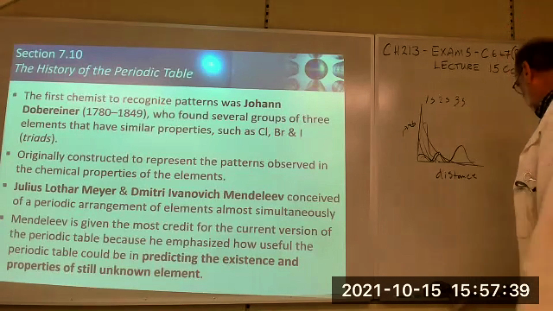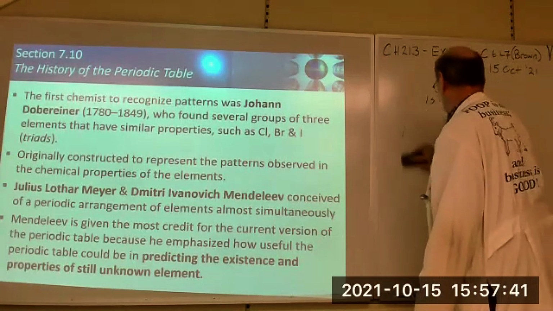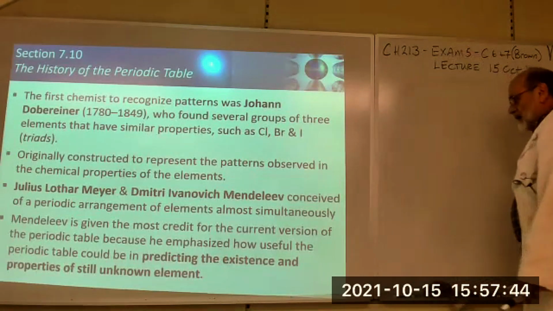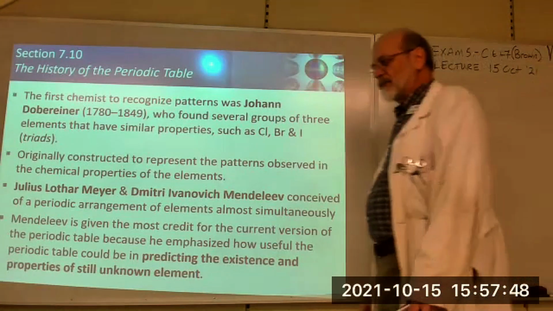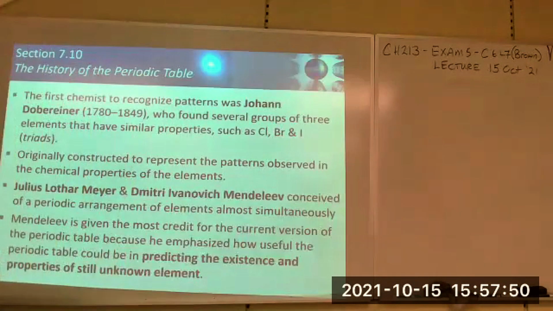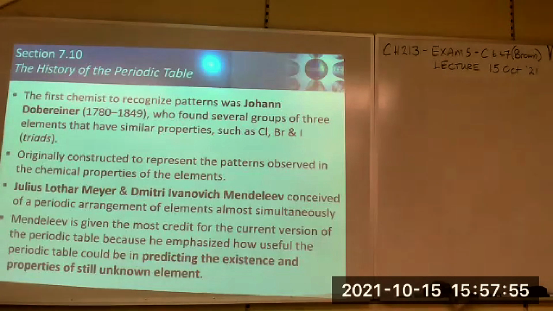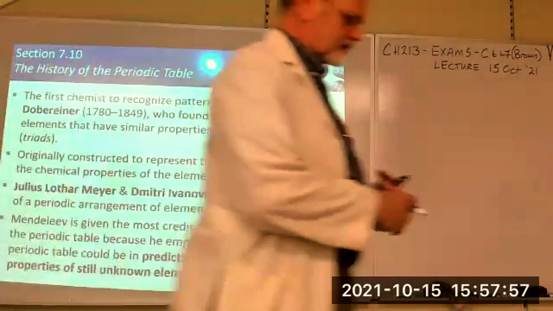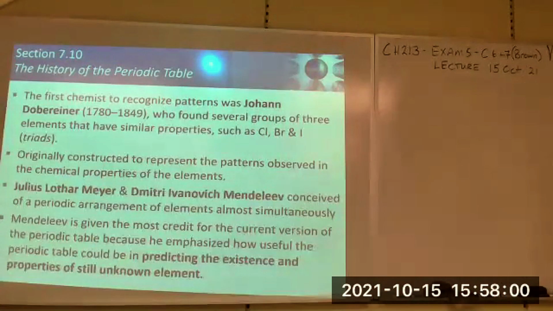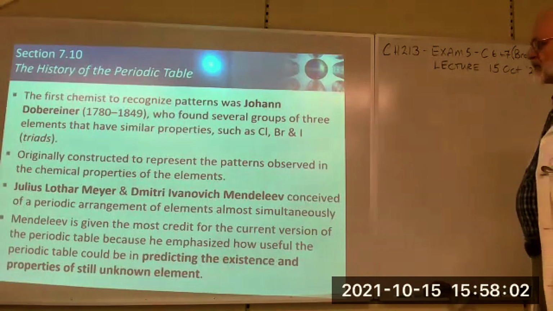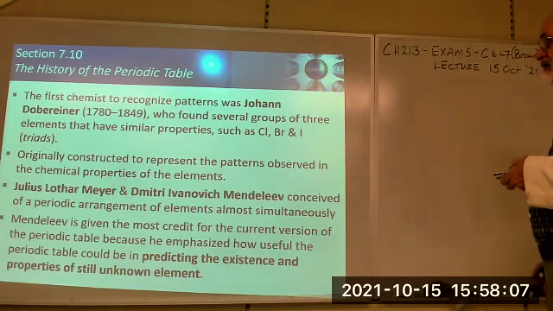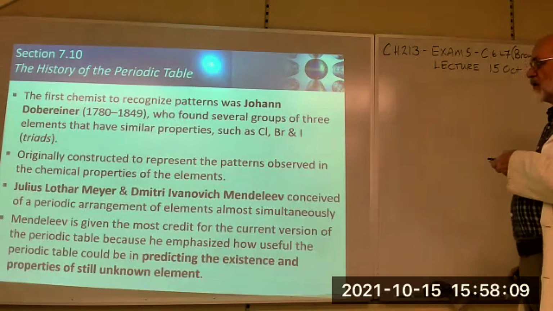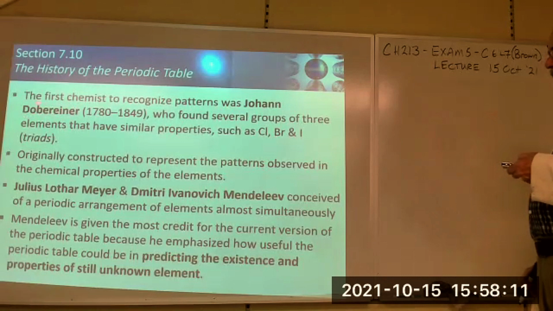Okay, periodic table, a little history. People were trying to make some sense of the elements that had been discovered up to this point, in the mid to late 19th century. One of the first attempts to organize elements in some logical fashion was proposed by Dobereiner.